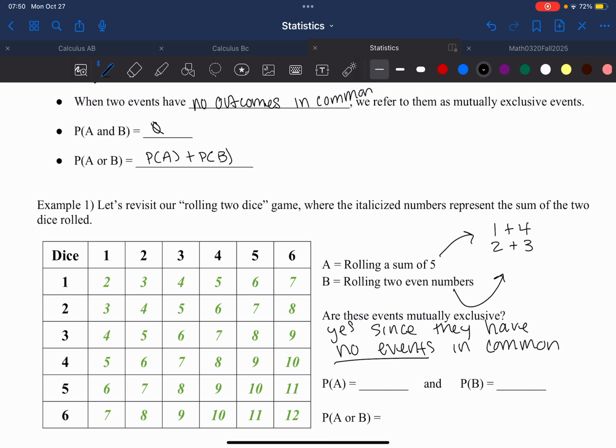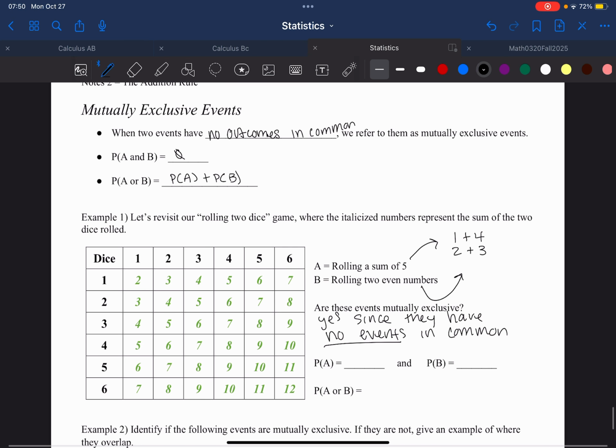So now let's look at the probability of A, rolling a sum of 5. So I would look over here, rolling a sum of 5, let's see, 1, 2, 3, 4. That would be 4 out of 36.